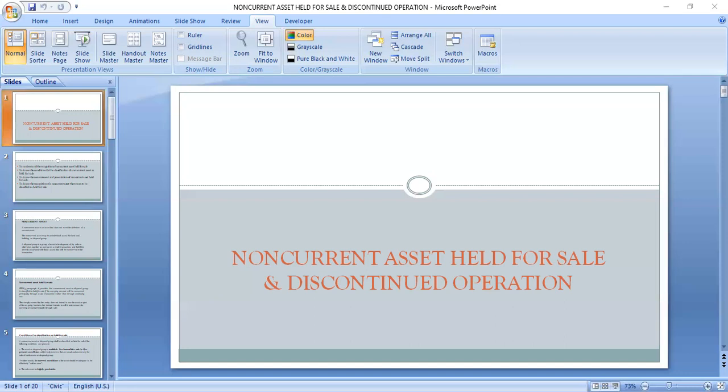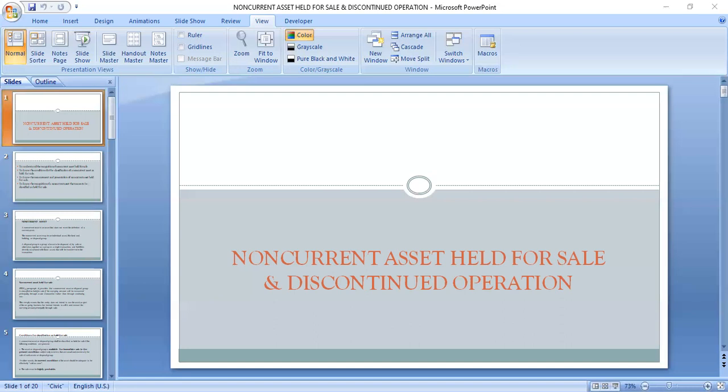Liabilities of the component are presented separately from all other liabilities, and non-current assets of the component held for sale shall not be depreciated. PFRS 5 paragraph 3 provides that the assets of the component shall be presented as a single amount under current assets, and the liabilities of the component shall be presented as a single amount under current liabilities. The assets and liabilities of the component cannot be offset against each other.